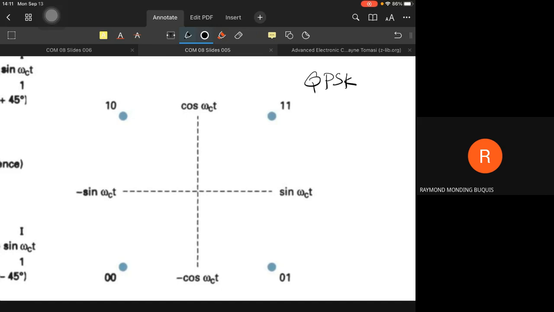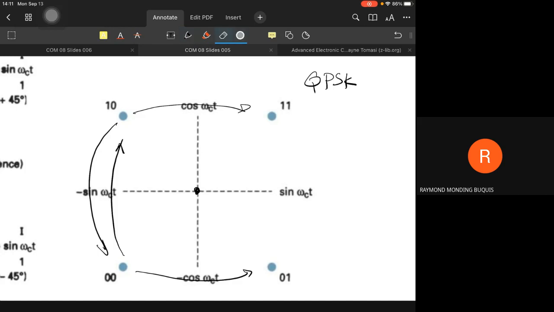So it is okay if the transition from one symbol to another is, for example, from 00 to 10, or 00 to 01, or 10 to 11, or 10 to 00, vice versa. What is not okay is if it crosses the origin.